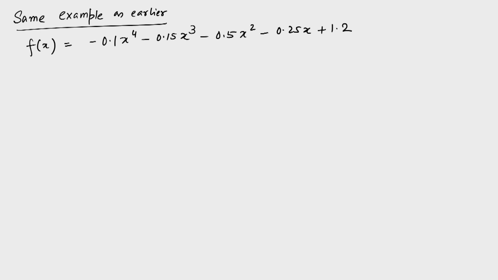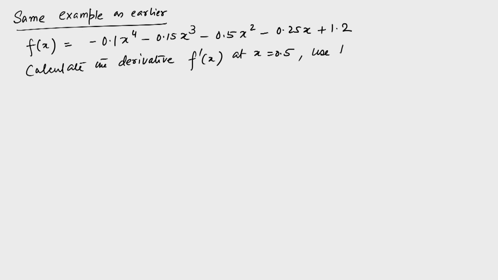And again calculate the derivative f prime of x at x equal to 0.5, in which case use h1 equal to 0.5, h2 equal to 0.25, because H2 is nothing but H1 by 2.